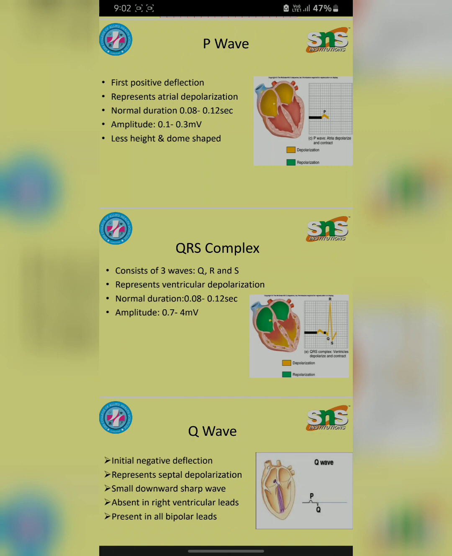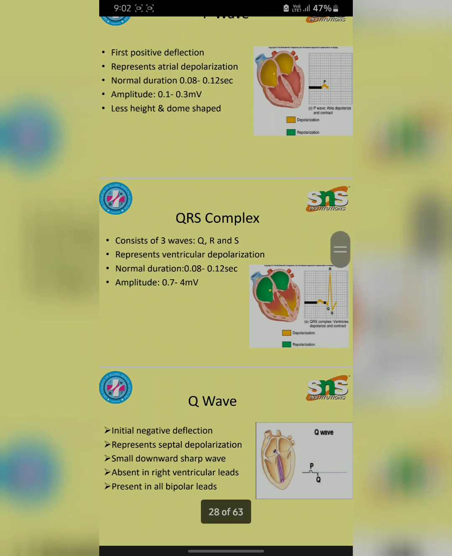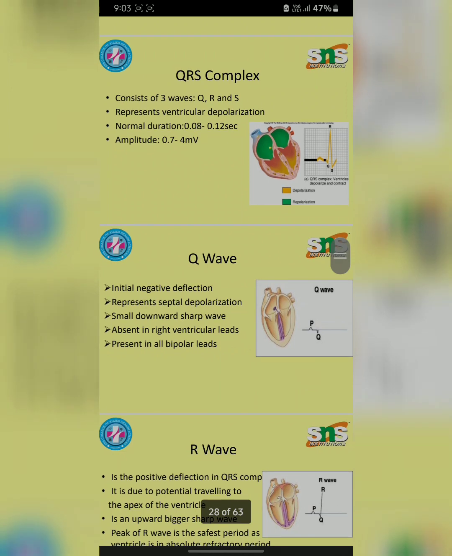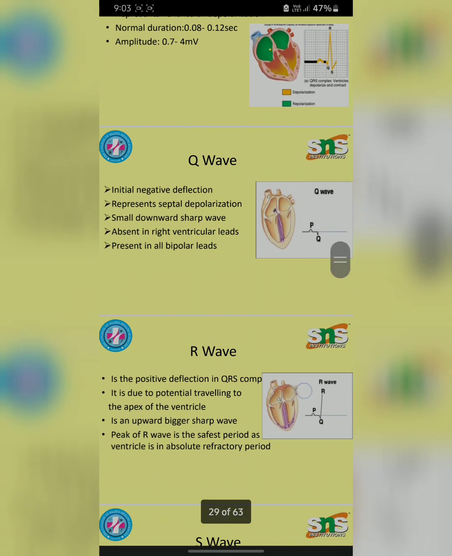Q wave, initial negative deflection, represents septal depolarization. Small downward sharp wave, absent in right ventricle leads, present in all bipolar leads. R wave is the positive deflection in the QRS complex. It is due to potential traveling to the apex of the ventricle.